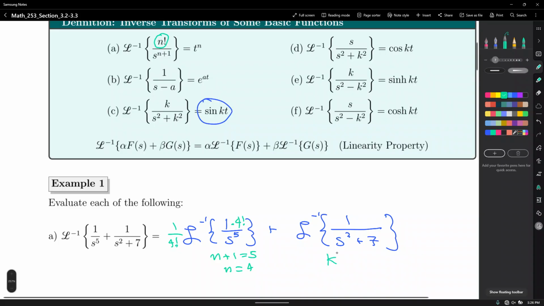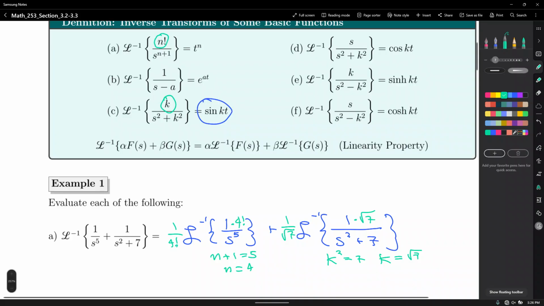The quantity k squared equals 7. That means k equals the square root of 7. And in the numerator, we only have a 1. We don't have a complete expression. We need to make sure that we have that k there. We don't have it, but again, we can make our wish come true by multiplying the numerator by the square root of 7, provided you divide by the square root of 7 out in front of the inverse Laplace transform symbol.